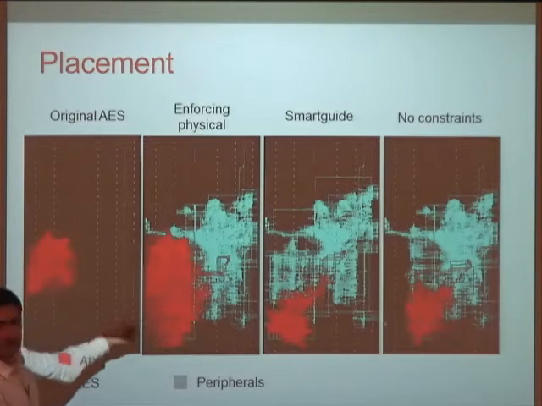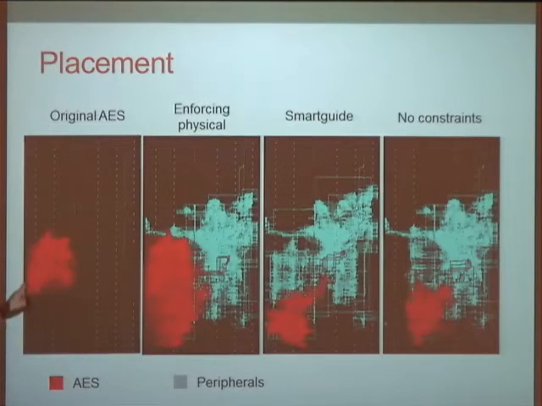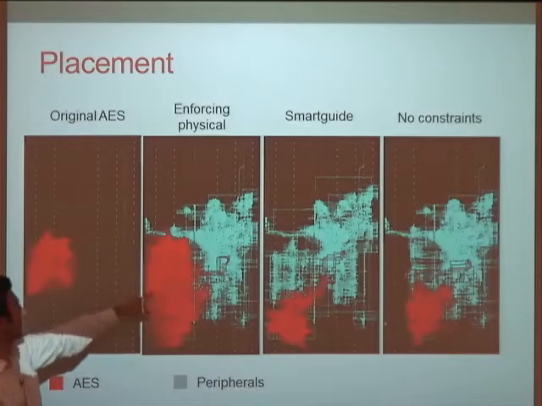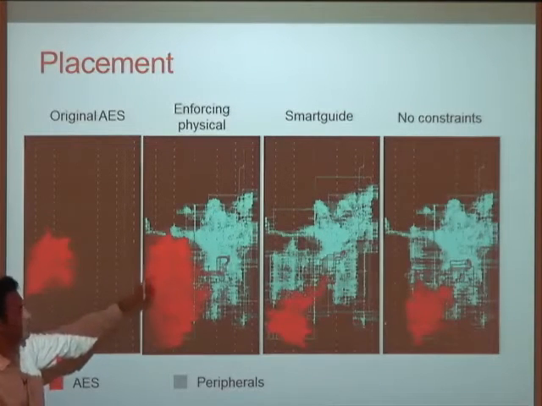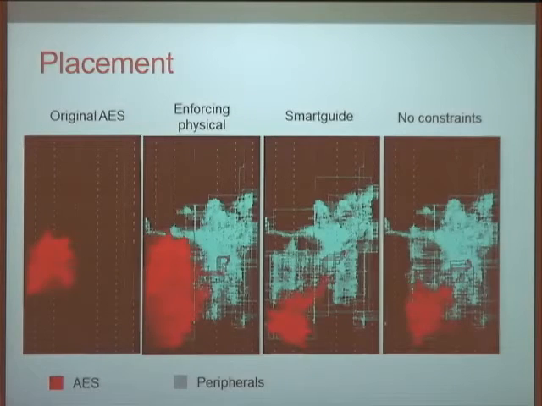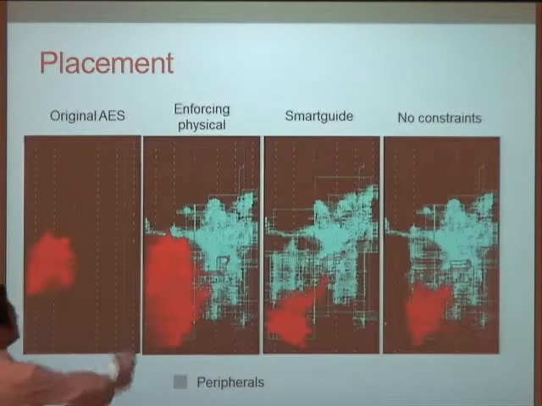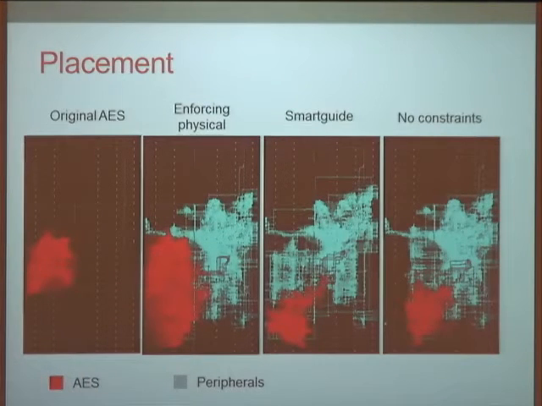Here we are enforcing the placement constraint, so we would like the red region to be exactly like it is here, while everything else is placed around it. If you look at this area, there is a shadow in that red region. Oops, sorry.